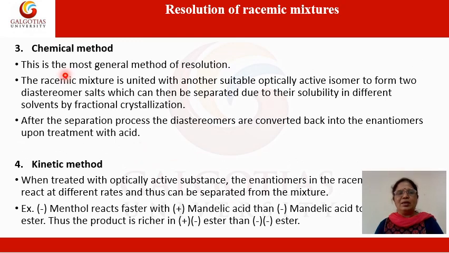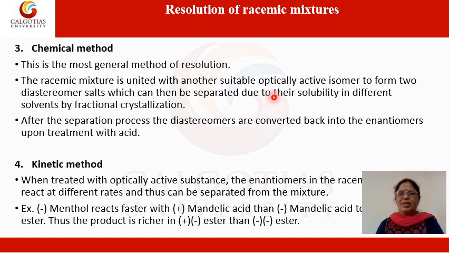Then comes the third method, the chemical method. This is the method which is generally used for the resolution of optical isomers. In this, the racemic mixture is mixed with another suitable optically active isomer, and once the reaction is over, it forms two diastereomer salts. They can be separated because of the difference in their properties like solubility, and then recrystallized by fractional crystallization.